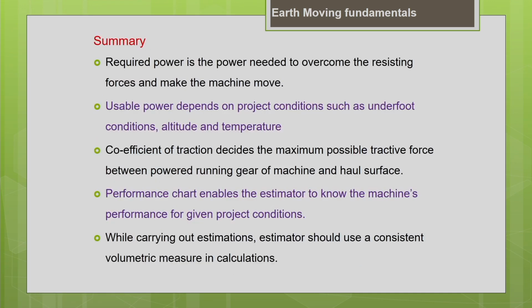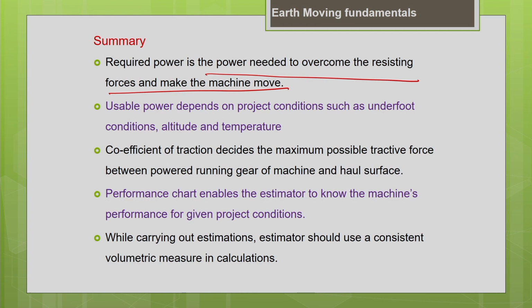So now we have come to the end of this lecture. Let me try to summarize what we have discussed so far. The required power is the power needed to overcome the resisting forces in your project site and make the machine move. It depends upon the resisting forces in your haul route: surface resistance, penetration resistance, grade resistance, all of which you have to take into account.